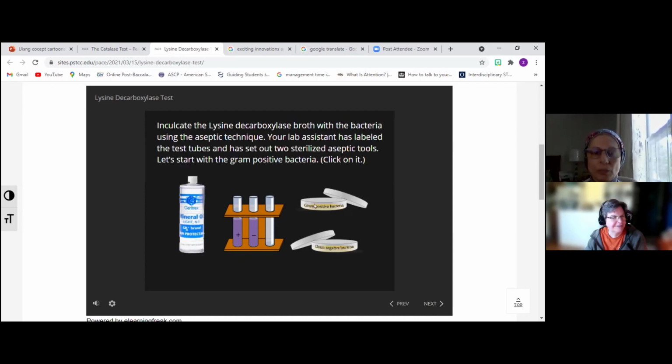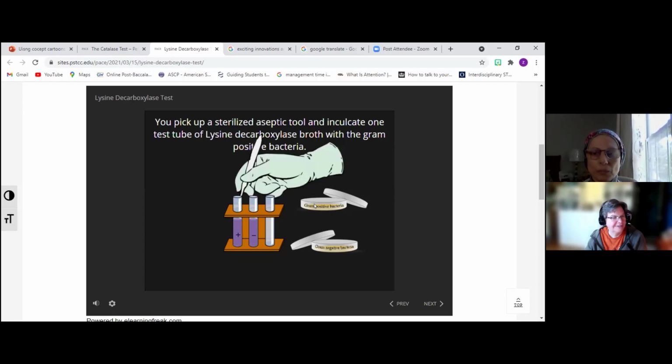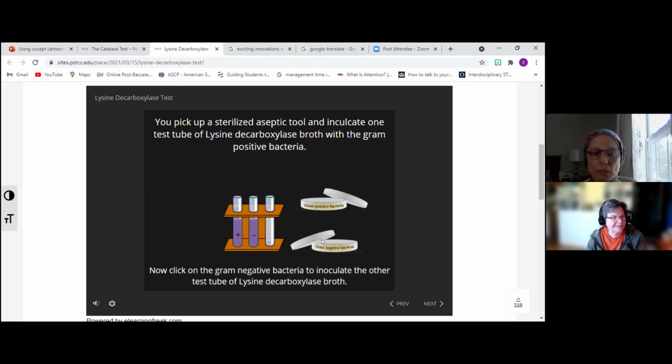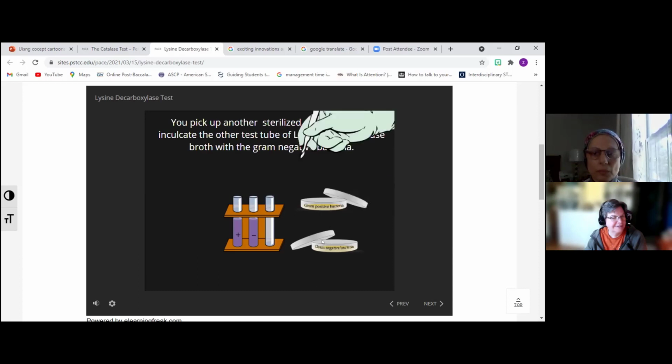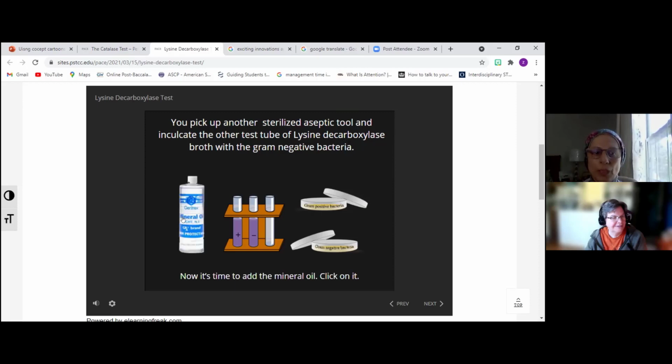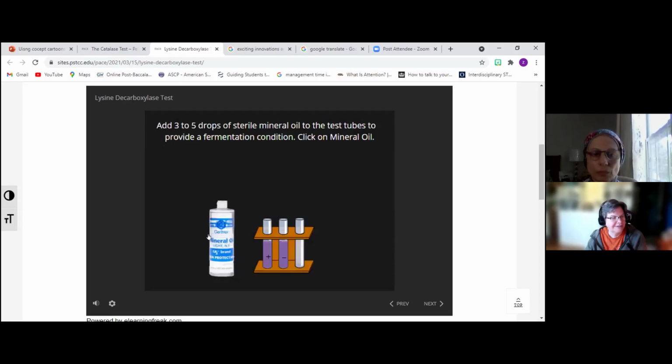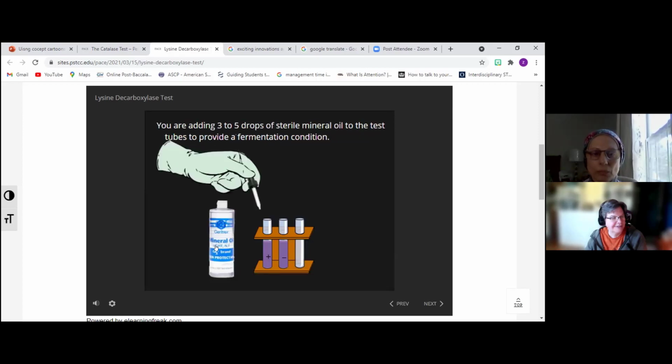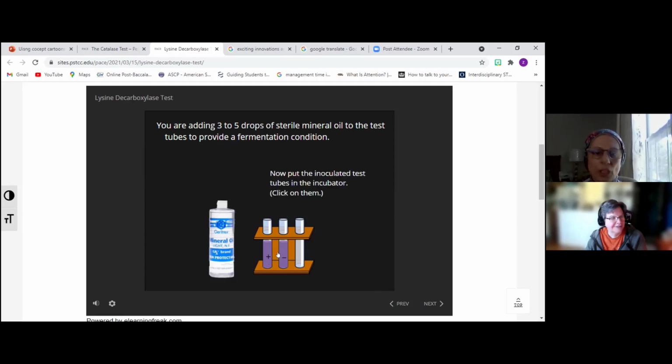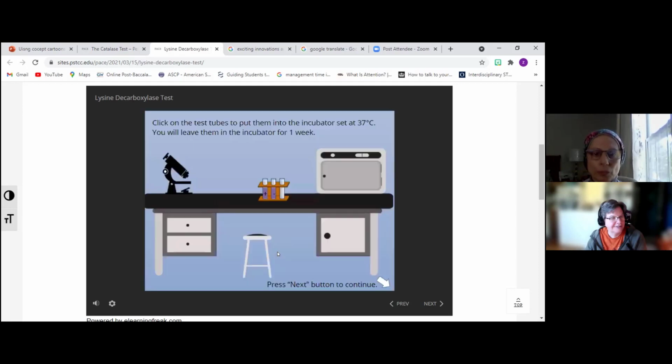Inoculating the bacteria, providing an aerobic condition, and finally incubating the tubes.